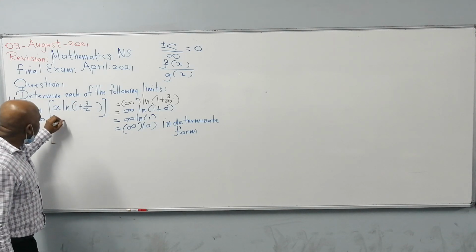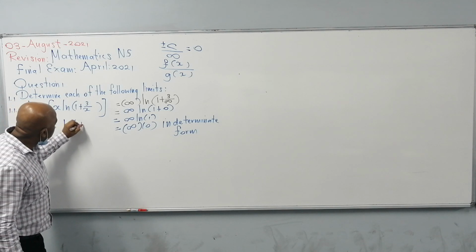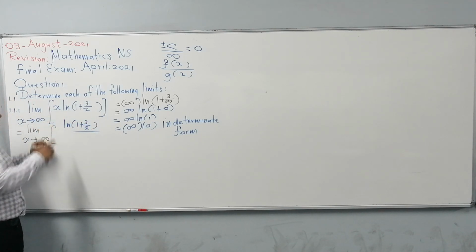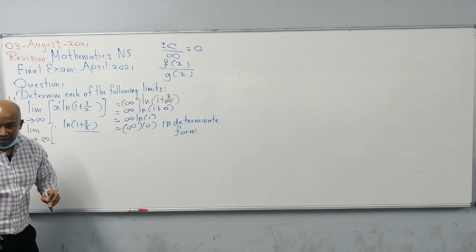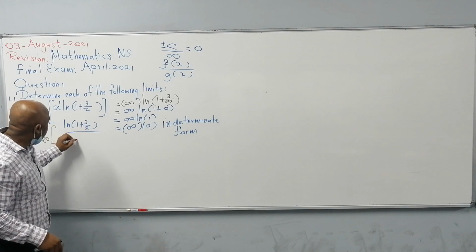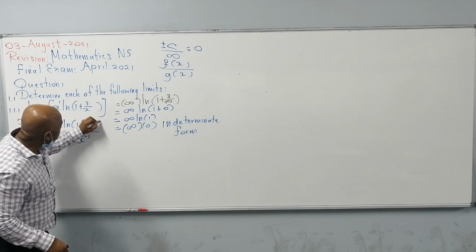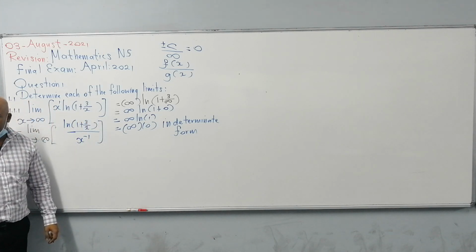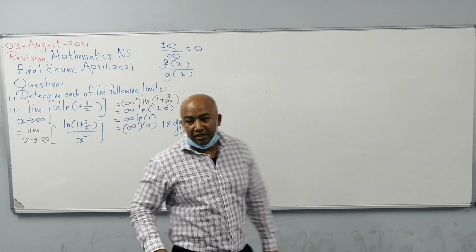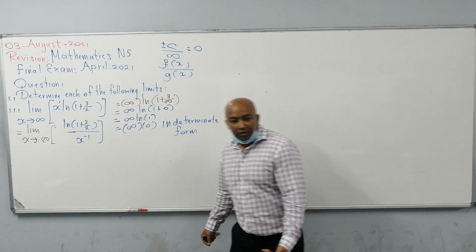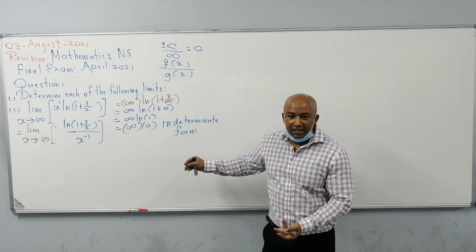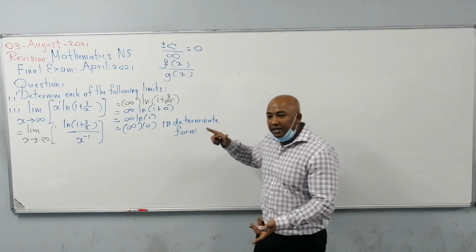So we have ln of 1 plus 3 over x, and x is to the power 1 at the moment. When I take it to the bottom, it becomes x to the power minus 1. So we always rewrite it as a fraction, and now we apply the rule: differentiate the numerator, differentiate the denominator, and then simplify and resubstitute.